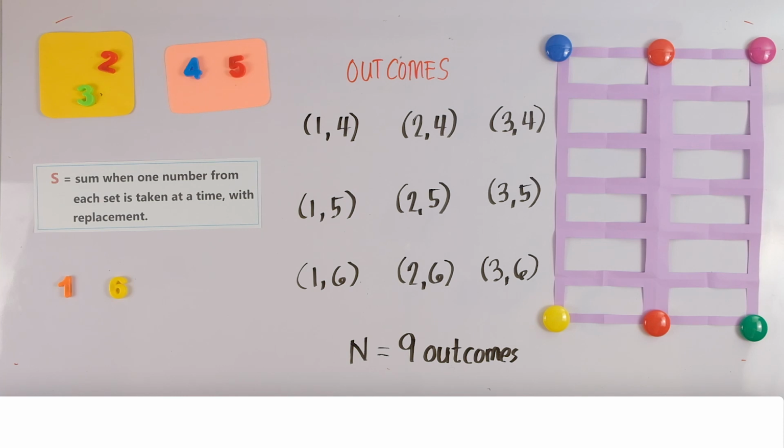However, the random variable requires the sum of our combinations. So let's take the sum of each pair of numbers.